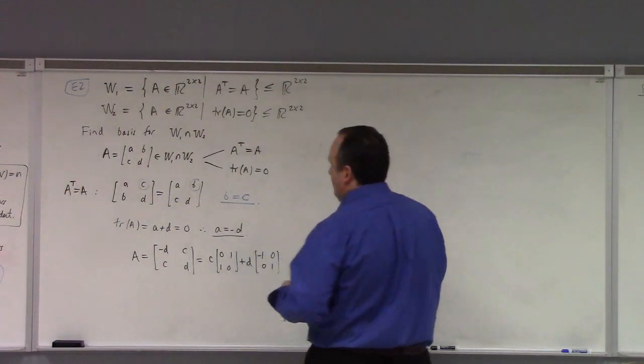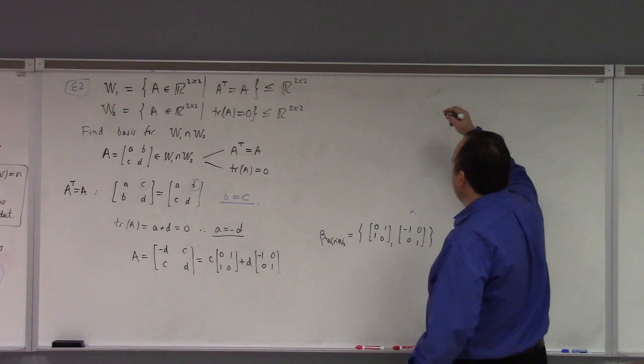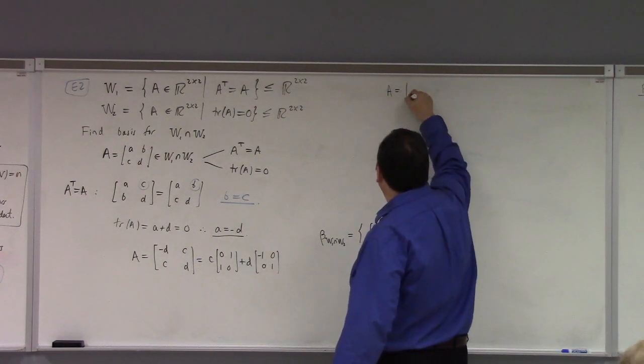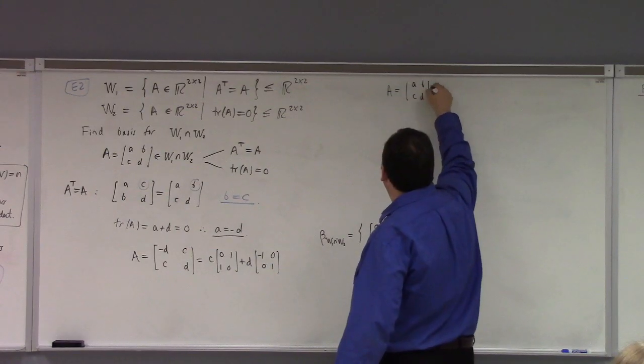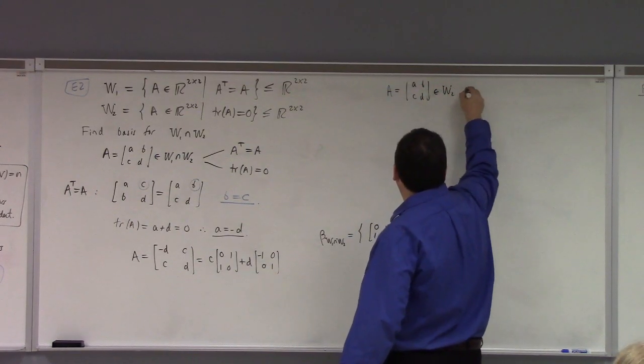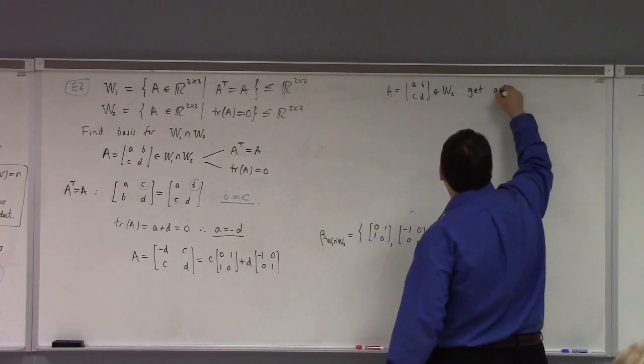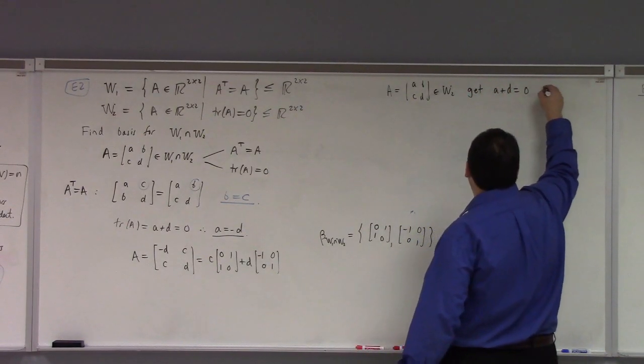What's the basis for W2, right? If I just have A equals a, b, c, d in W2, we get what? a plus d equals 0, and that's it, right?